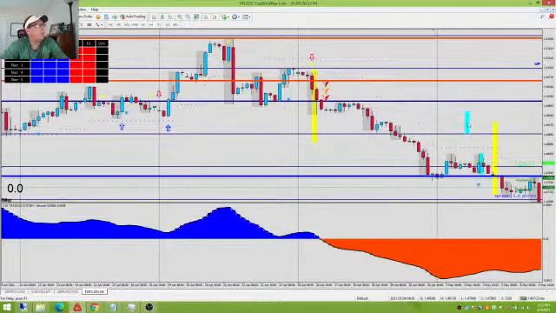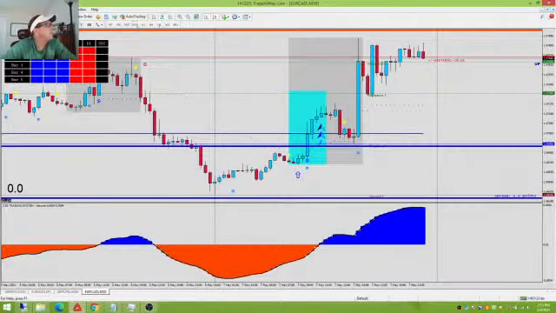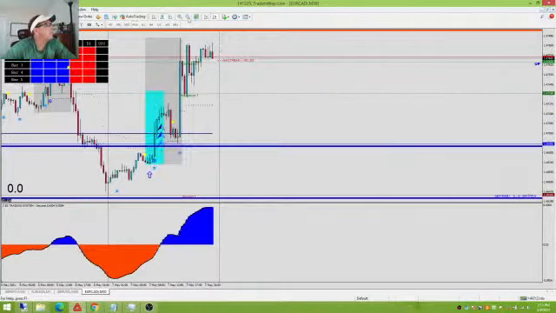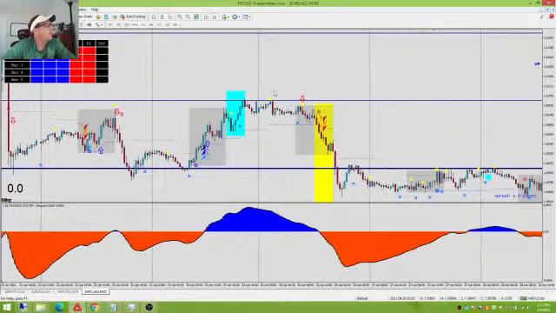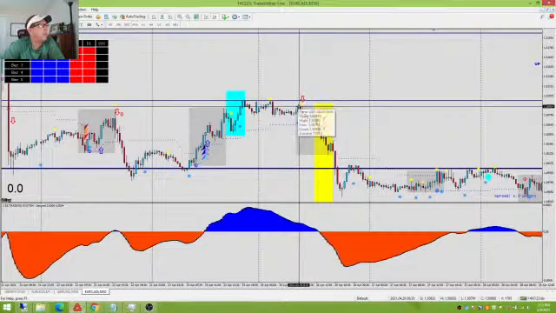So let's see how bad this one would have been. So between this blue box and this yellow box, I can only take buys. Looks like it would have been a losing trade right here. So here would be a loss.